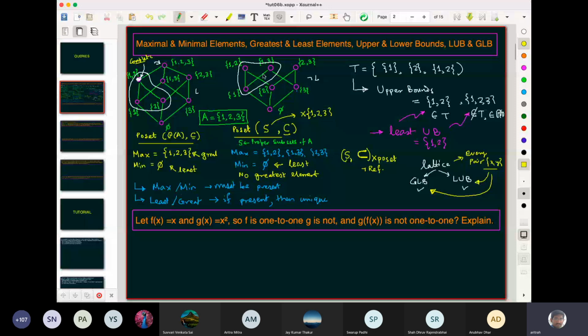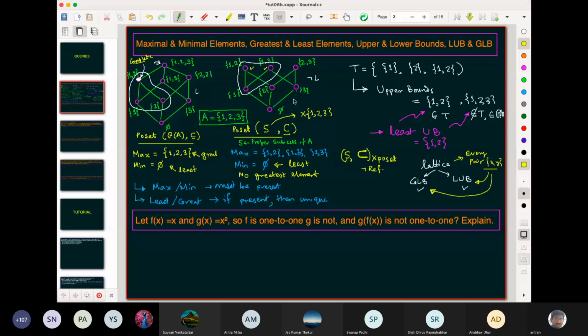However, this is not a lattice at all, because if you take every pair of elements, you will not get a greatest lower bound and a least upper bound. Every subset is a more strict condition, because a pair is not every possible subset.